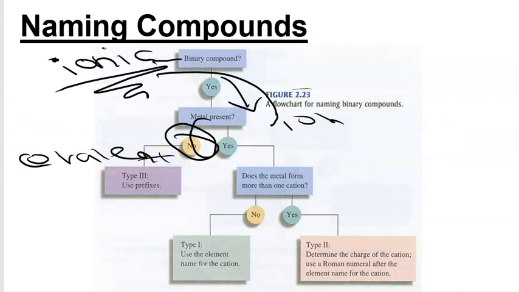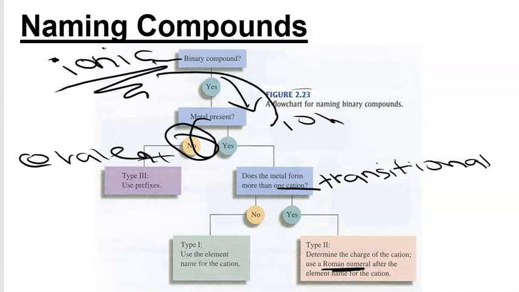If that metal has more than one cation, basically, is your metal a transition metal? That's what that means. If it is, you should use those Roman numerals. If it's not, you're just going to use the charges.